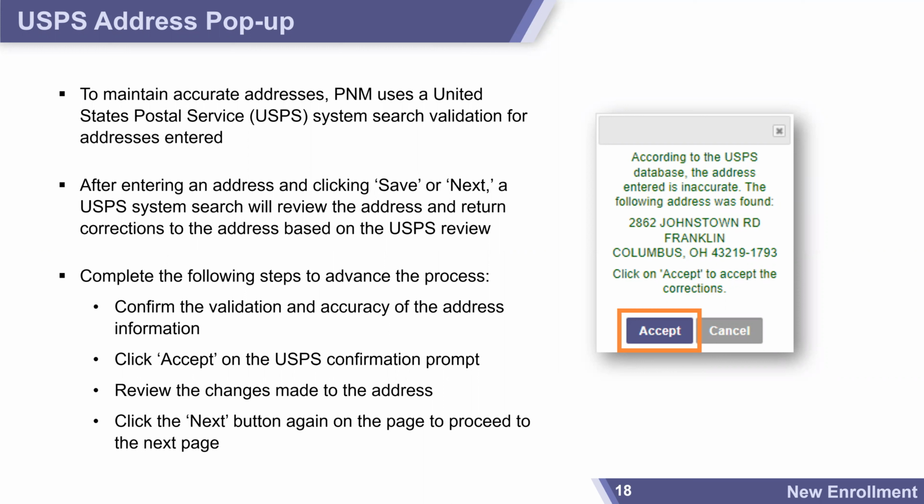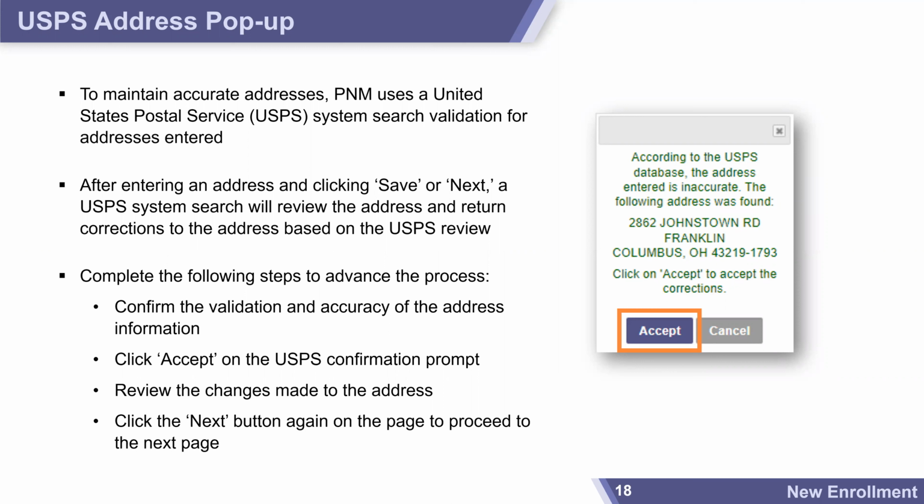And then when you hit accept, it's going to update the address on that page. It's going to change it from drive to DR, or it's going to capitalize it. I've noticed that it capitalizes everything as well. Now, hitting accept only accepts the address. It does not save that information on your application.